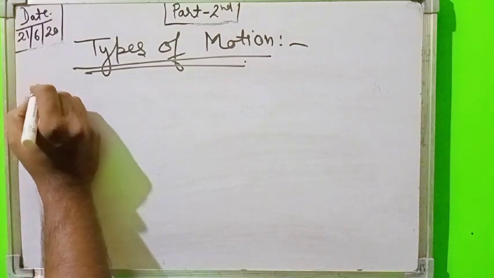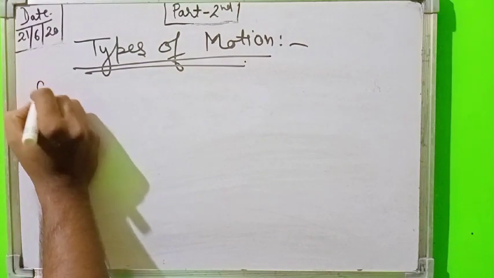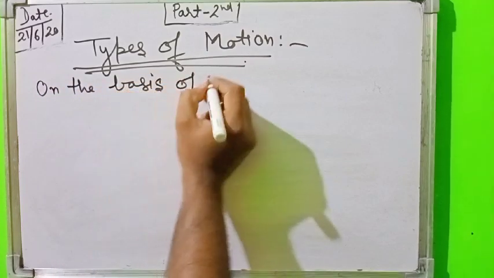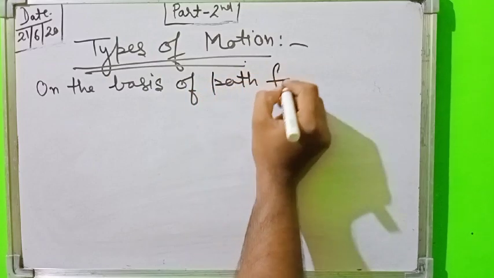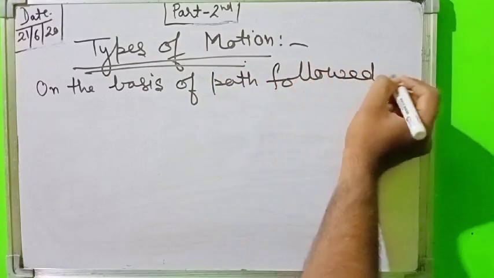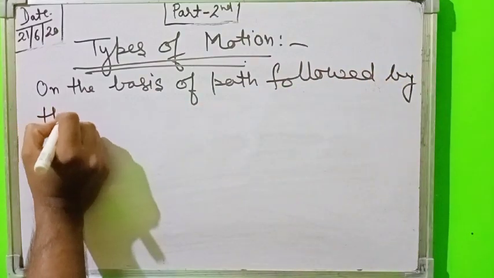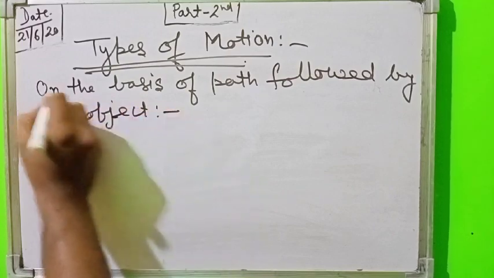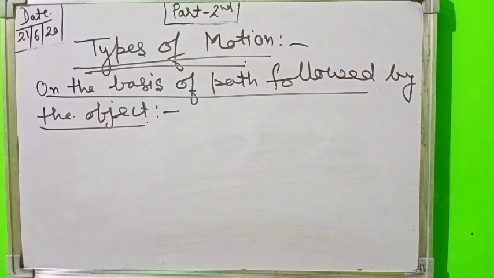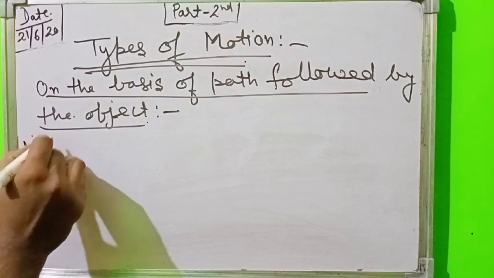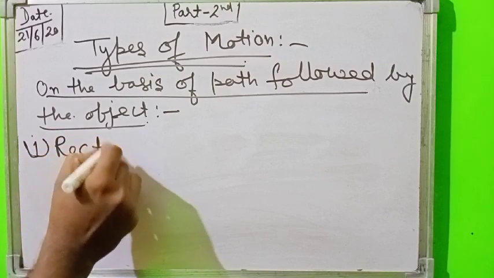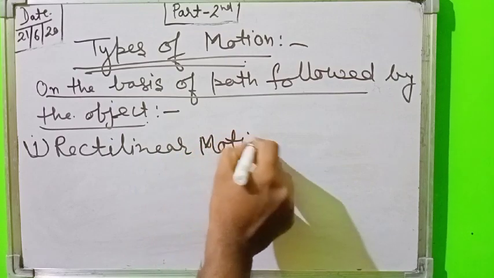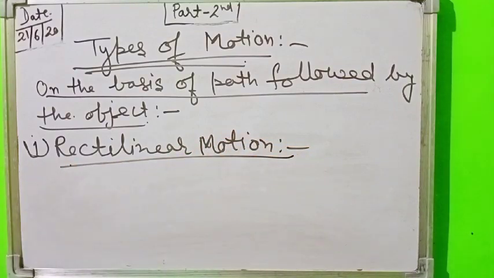So the first one is on the basis of path followed by the object. On the basis of path followed by the object, the first classification is rectilinear motion.